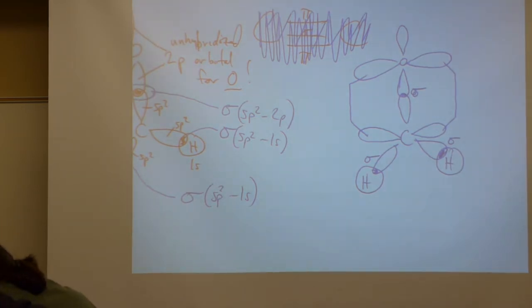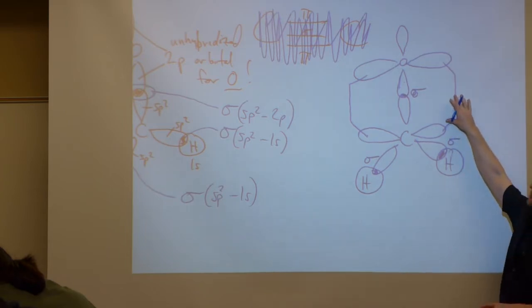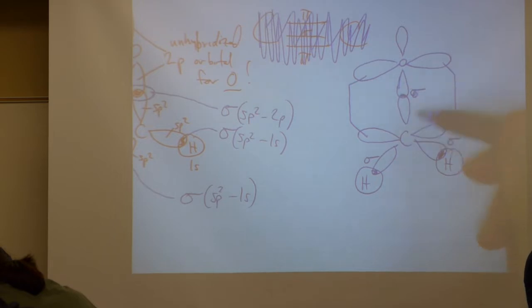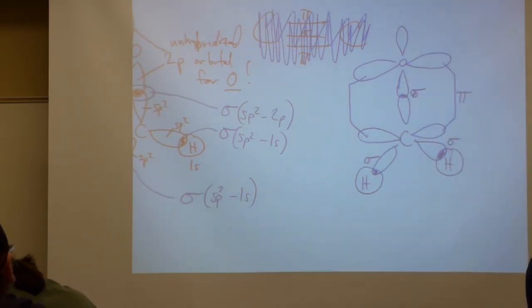Now, if I had really nice graphic software, I could combine these lobes together. But because I have to somehow fit in the sigma inside here, this is the best I can do.